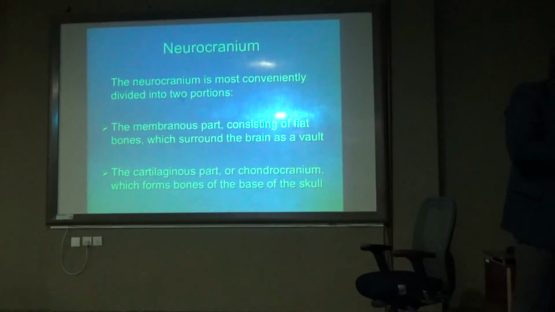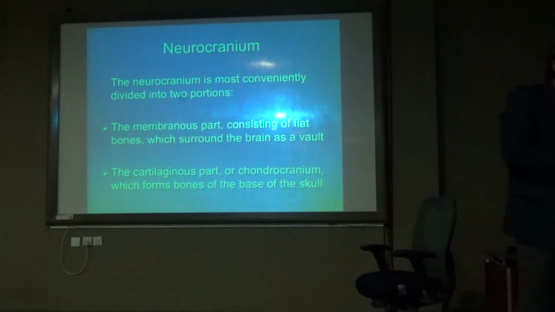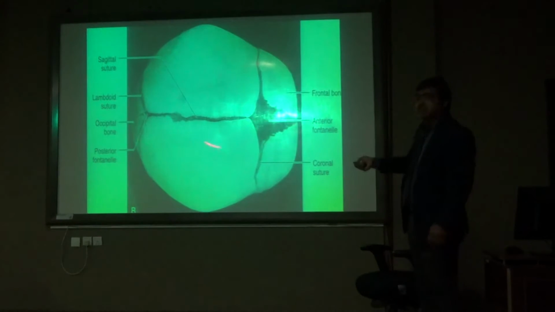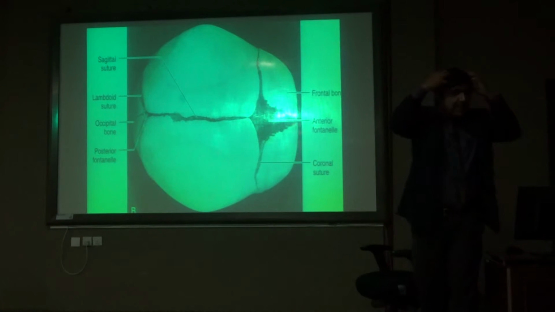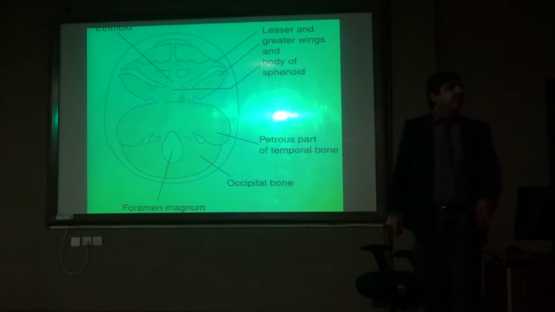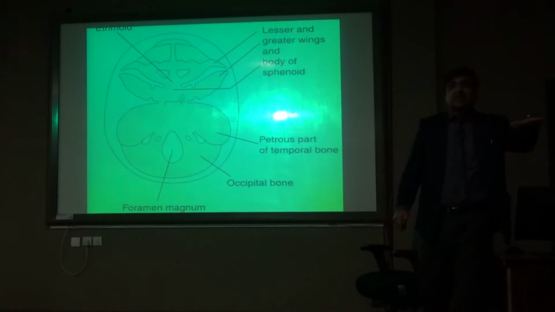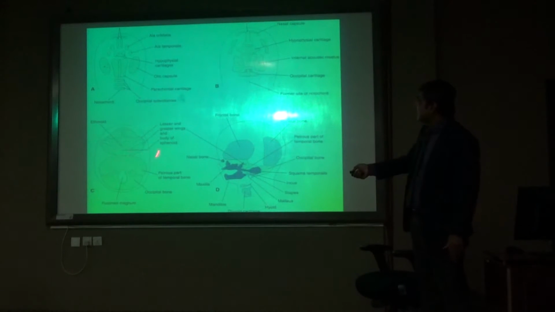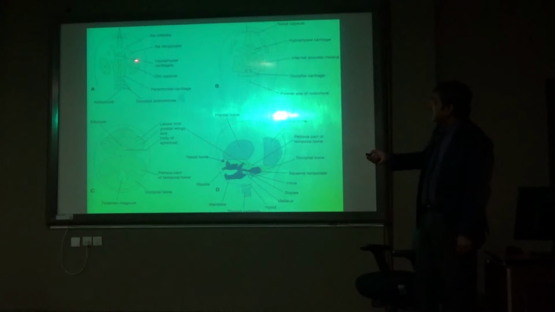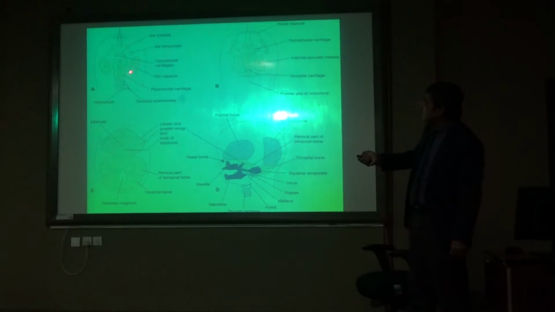What is that? I'll show you. These are the bones. This is the covering, right? Membranous part. This is the base on which the brain sits. Multiple bones start to develop, they fuse together, and collectively they form the base of the skull.